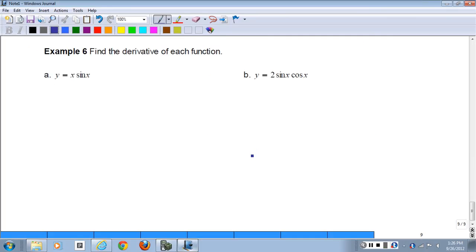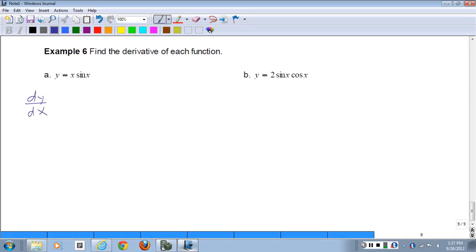It's been a long time. It's been, what, almost an hour since we used the product rule. So it's the first times the derivative of the second plus the second times the derivative of the first. So it's been even longer since we used that dy/dx notation.